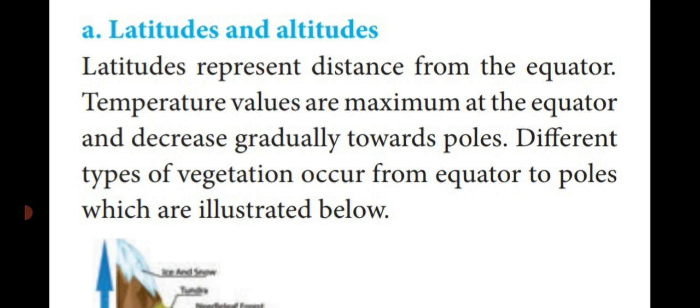The temperature at the equator is maximum, and then as it grows towards the poles, it decreases. So maximum temperature is in the equator region. When we go towards the north pole or south pole, the temperature gradually decreases.